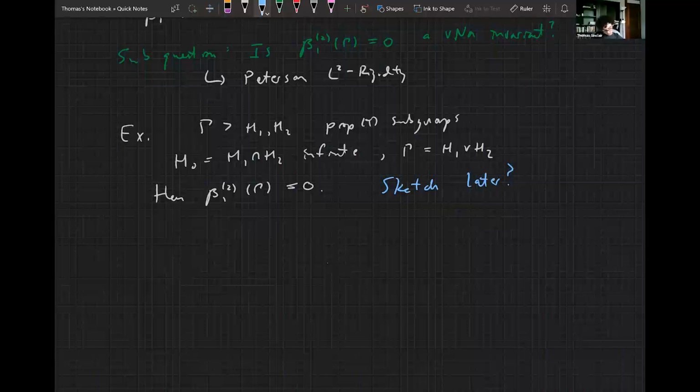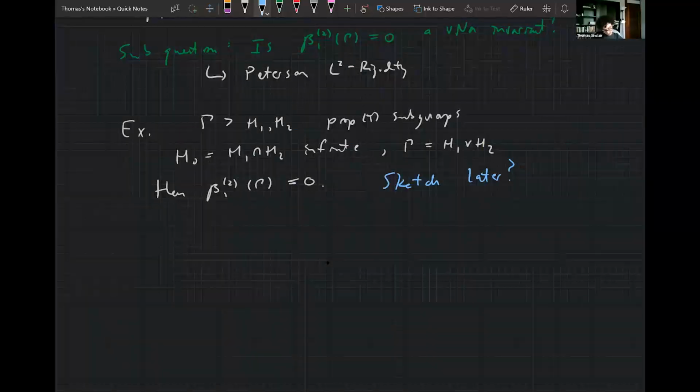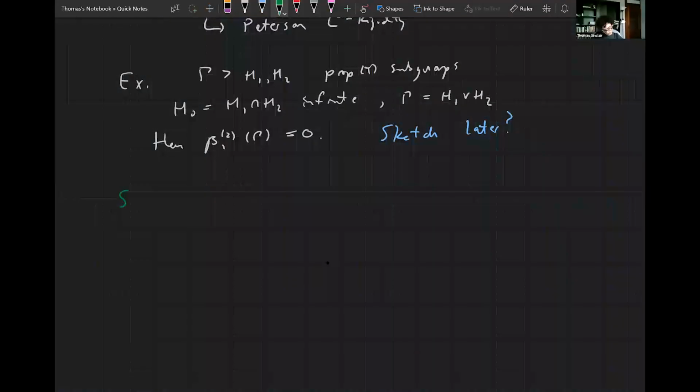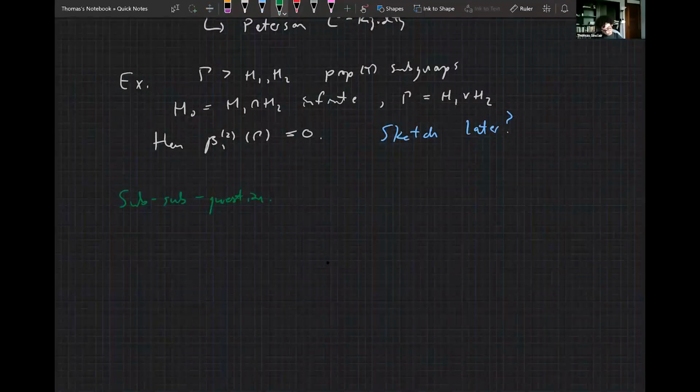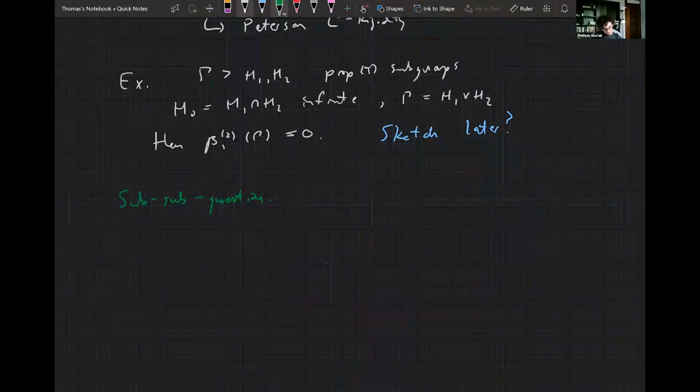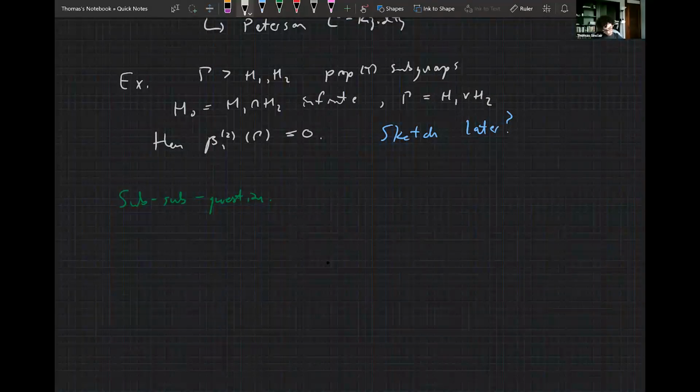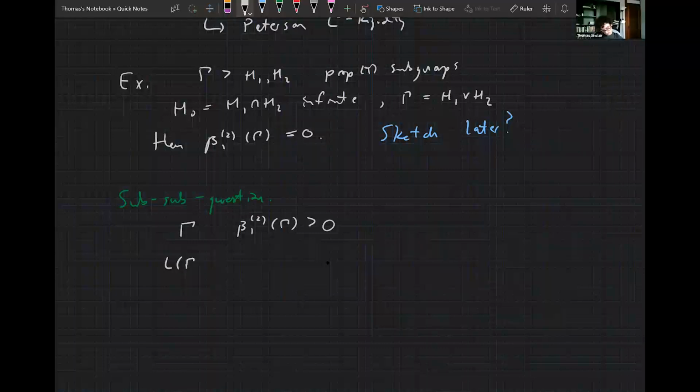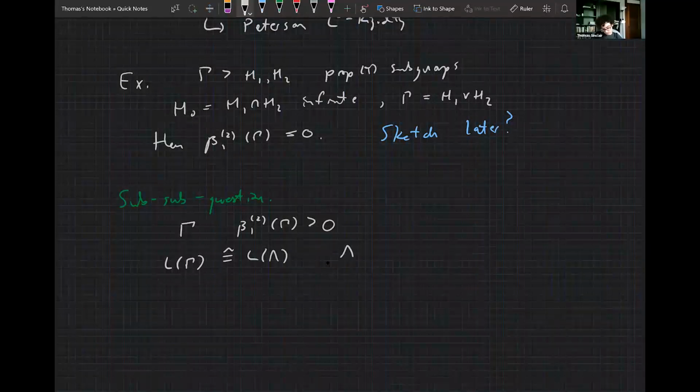But here's the sub-question. If you have a group gamma with positive L2 Betti number, is L gamma isomorphic to any L lambda, where lambda decomposes as above?